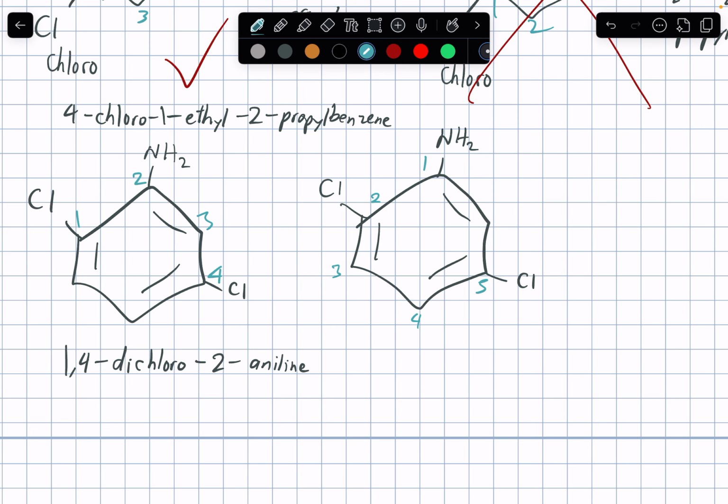Actually, let me check something. I think there's something wrong with my answer key. I think we're doing it right, but the answer key isn't saying the same thing.